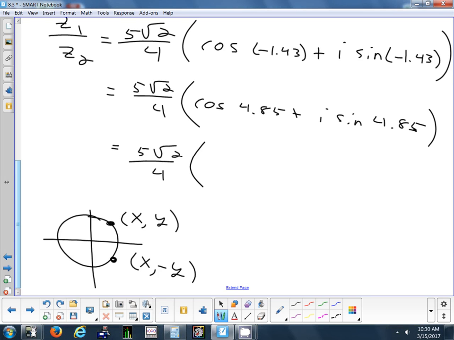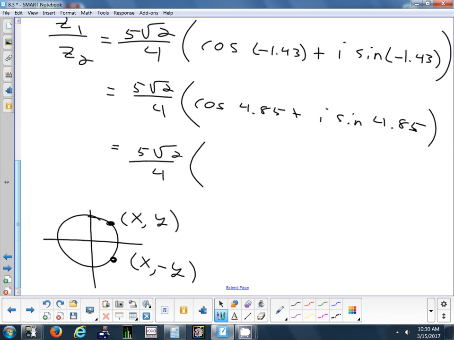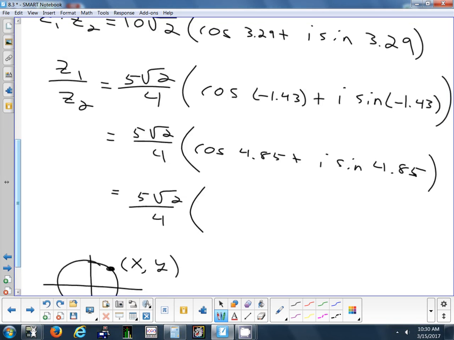It's the x value. So what would be the difference between the cosine of positive 45 and the cosine of negative 45? It's the same thing. So when you have a negative and you're taking a cosine, the negative doesn't matter. You can just get rid of it. Try taking the cosine of 10 and the cosine of negative 10 on your calculator. You're going to get the same answer. So what I can do is get rid of the negative. So it's just 1.43.